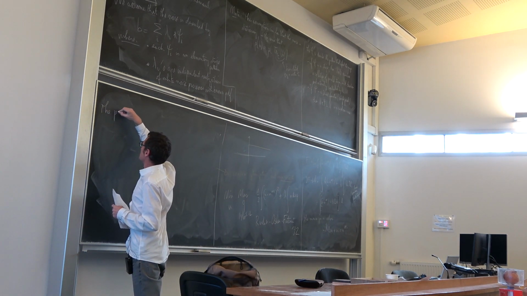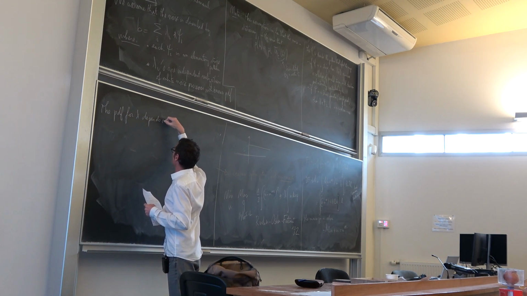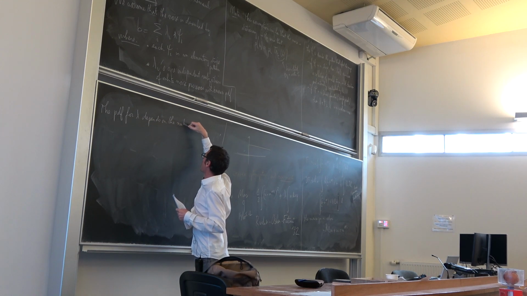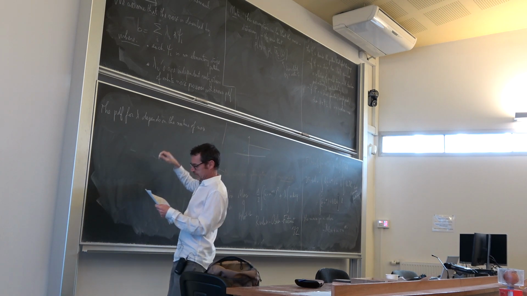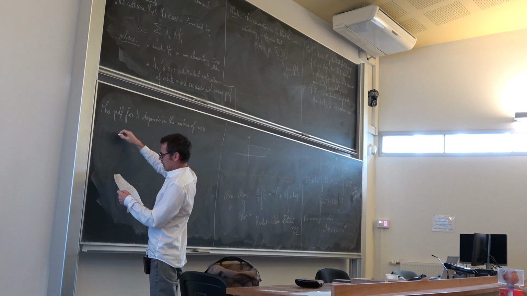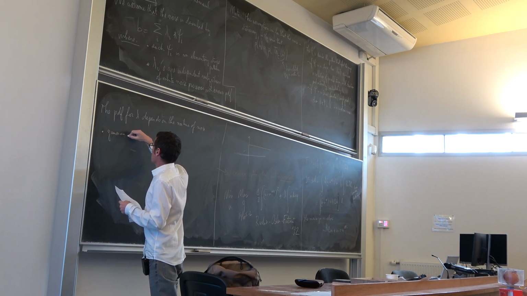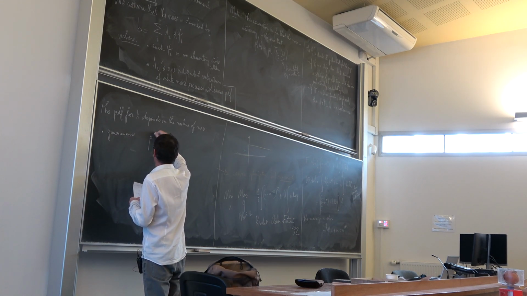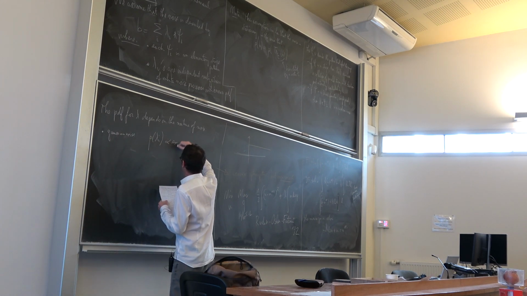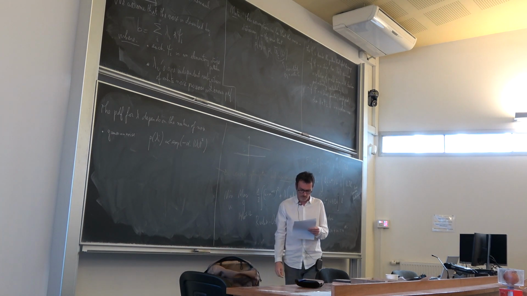So the PDF for the lambda depends on the nature of the noise. If we have some Gaussian noise, the probability of lambda_i is exponential of minus some constant multiplied by the L2 norm of lambda_i.